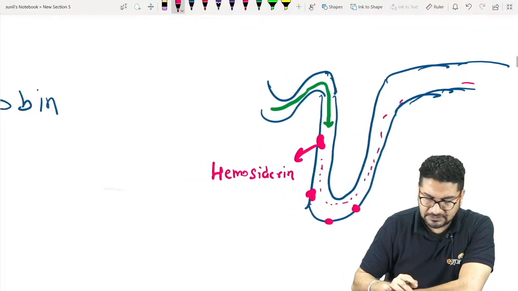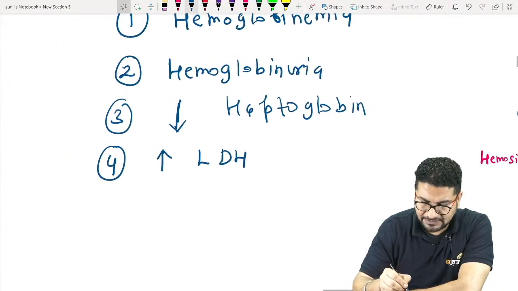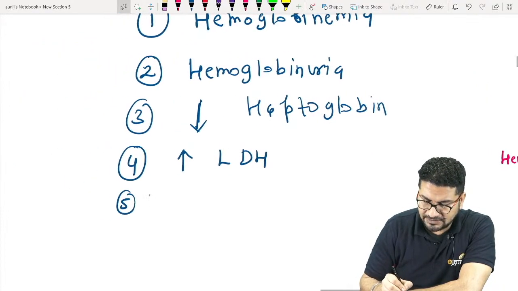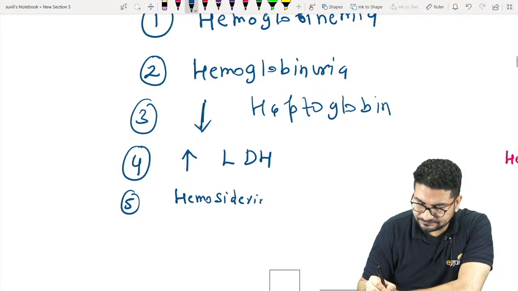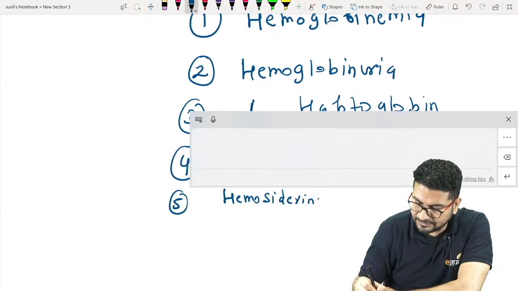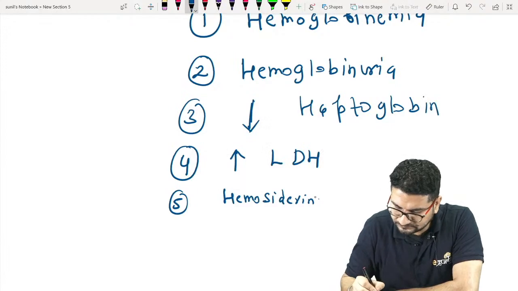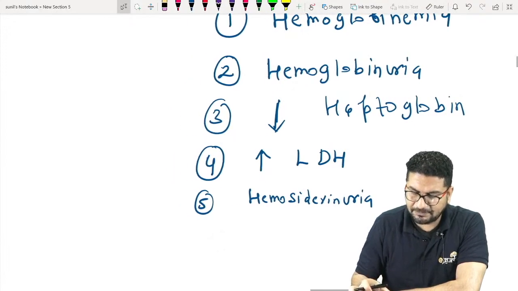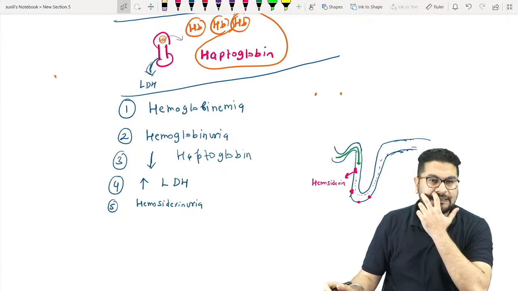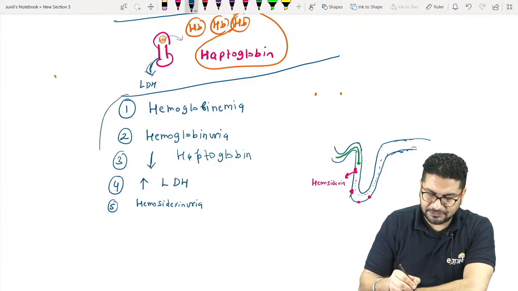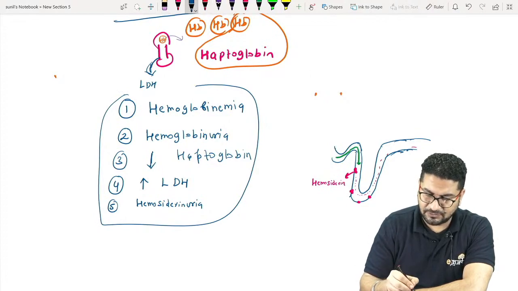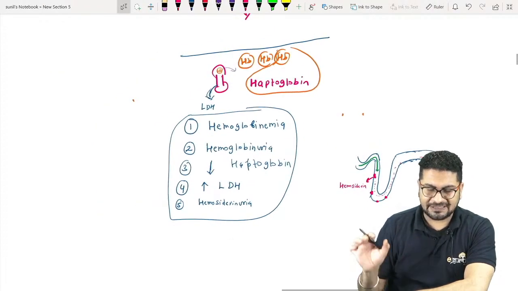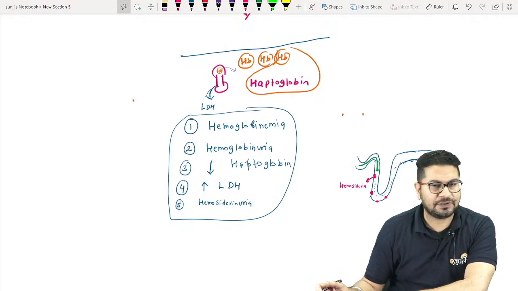Clear? So understand this, the last feature that you will see in our patient will be hemosiderinuria. So remember, in intravascular hemolytic anemia, you will see 5 features. What are these 5 features? Hemoglobinemia, hemoglobinuria, low haptoglobin, increased LDH, and hemosiderinuria.